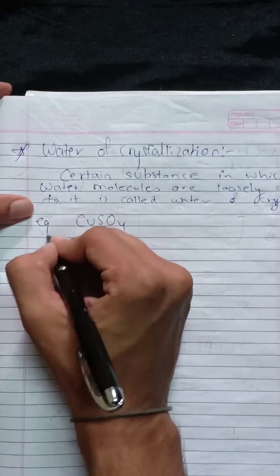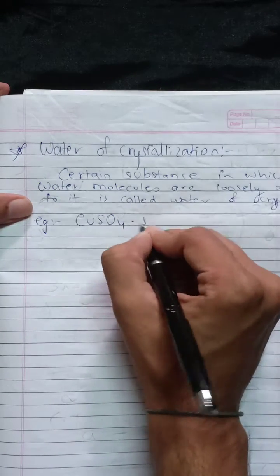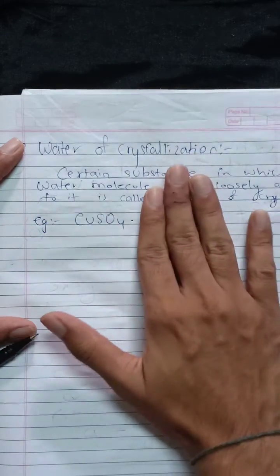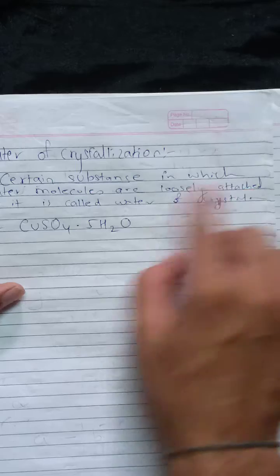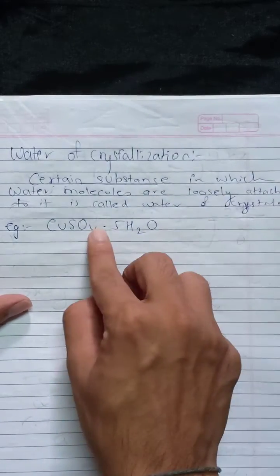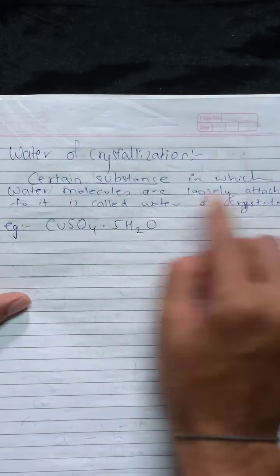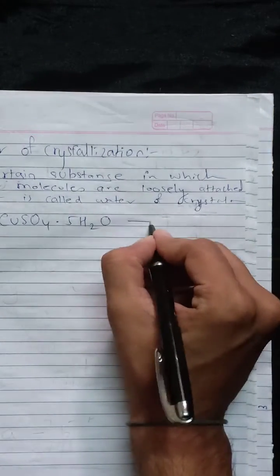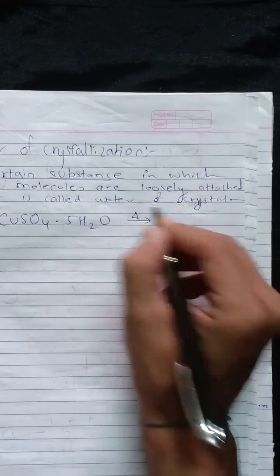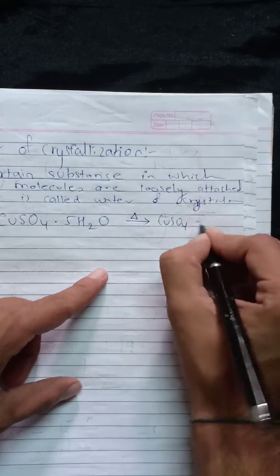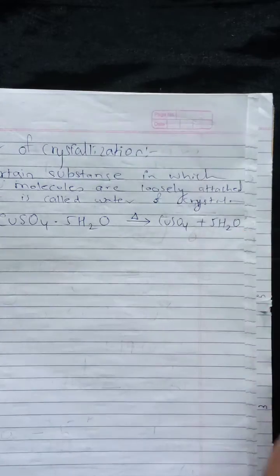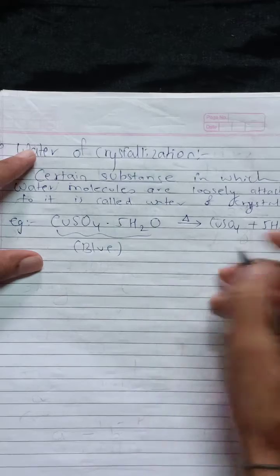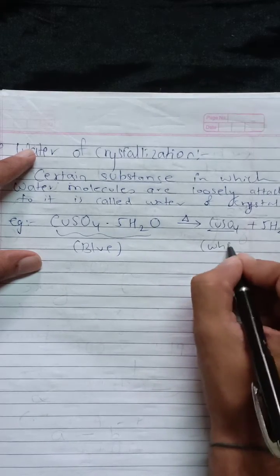Let's take an example. Suppose CuSO4 is a substance in which water molecules are loosely attached. Why is the word loosely attached given? Because if I heat this crystal, the copper sulfate and water will dissociate. This blue color crystal will eventually turn into white.